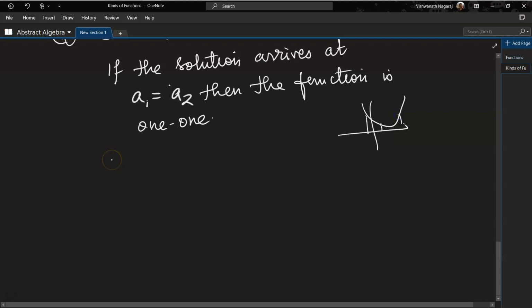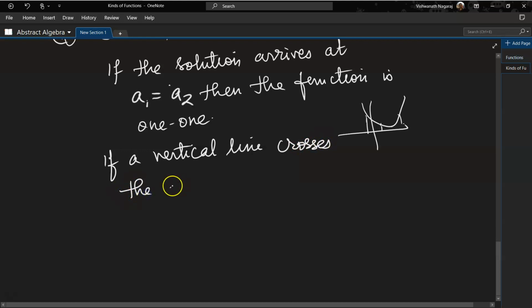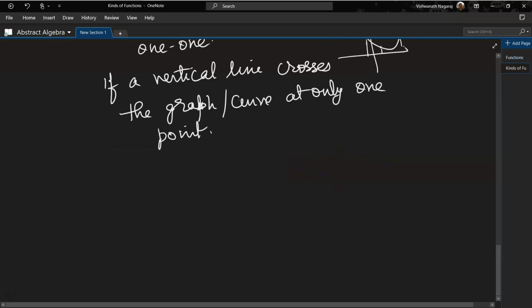So another way in which we can say a function is one-to-one is if a vertical line crosses the graph, or we also say curve, at only one point.